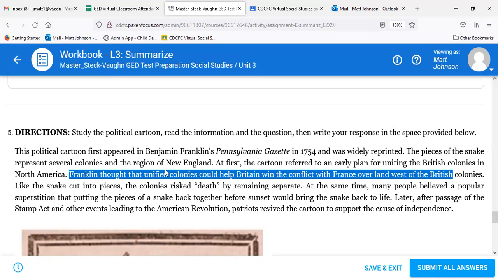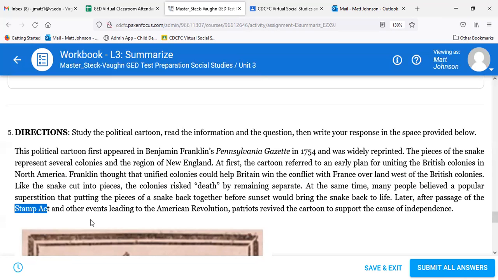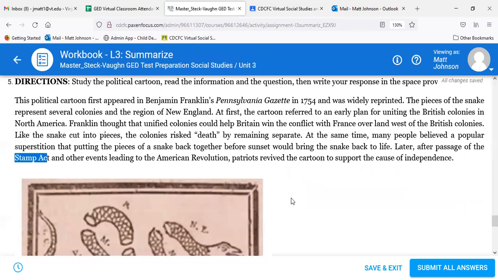We're talking about a few decades before the American Revolution is when this is first printed. Then when it is rehashed, when it comes back around, think about the Stamp Act and the things leading into the American Revolution. So the context is going to change. The reason it becomes popular again is going to change. So what then are the main ideas for Ben Franklin and the cartoon here?